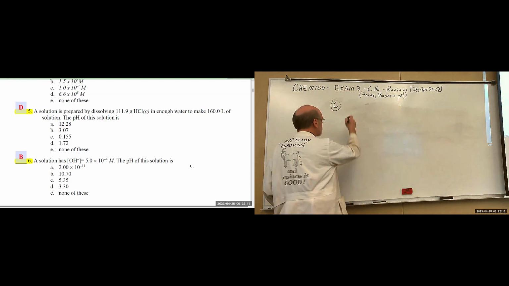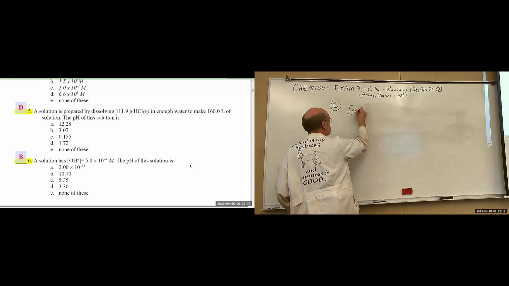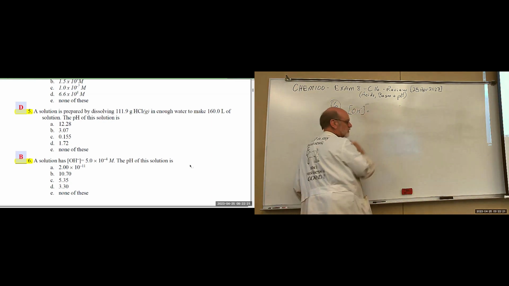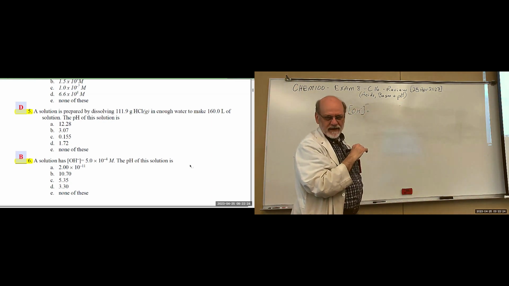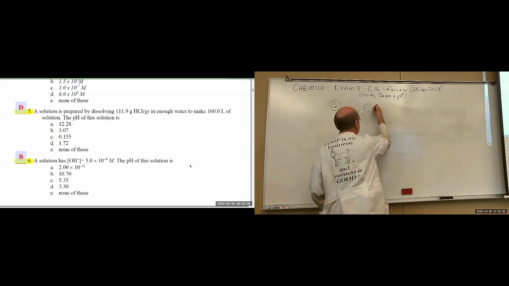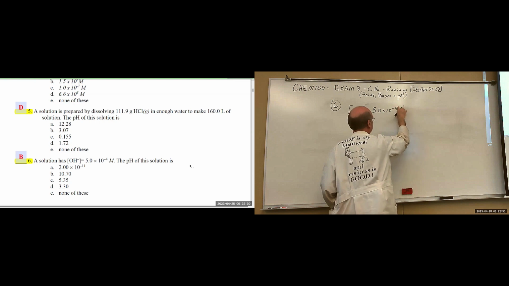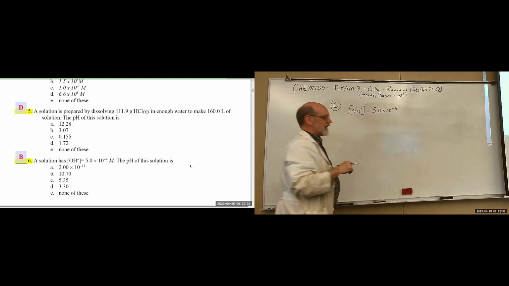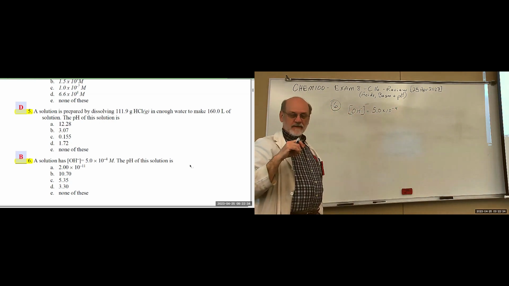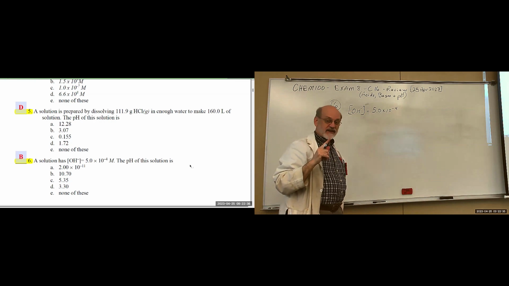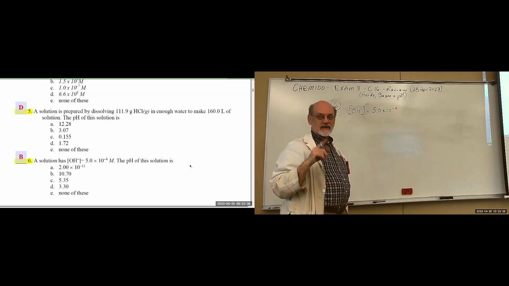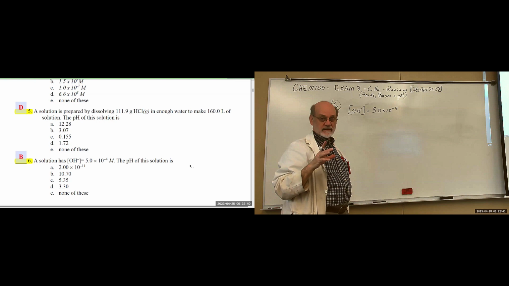So if we know that hydroxide ion concentration is equal to 5 times 10 to the minus 4, then if we know what the pOH is, we can calculate the pH really quickly.